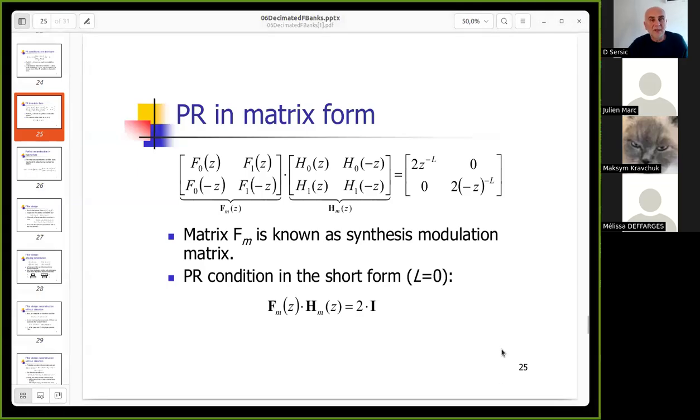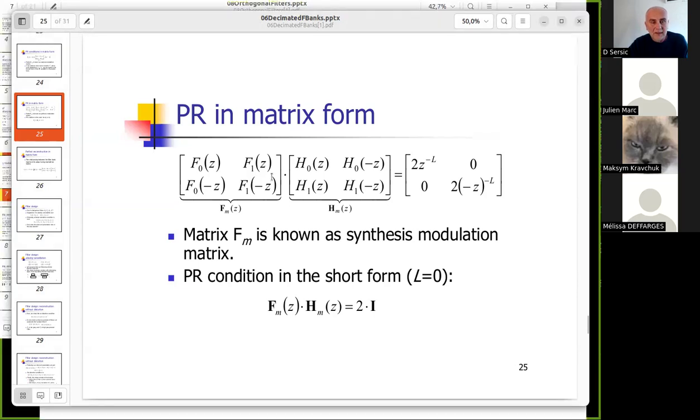So I'm back. This is lecture number 6, and we have our synthesis and analysis modulation matrix. I will just write it down on the paper so we can have it when I go back to today's lecture. So our modulation matrix, I'll change that. I cannot do it without stopping sharing. So I will just write it down and then change the camera.